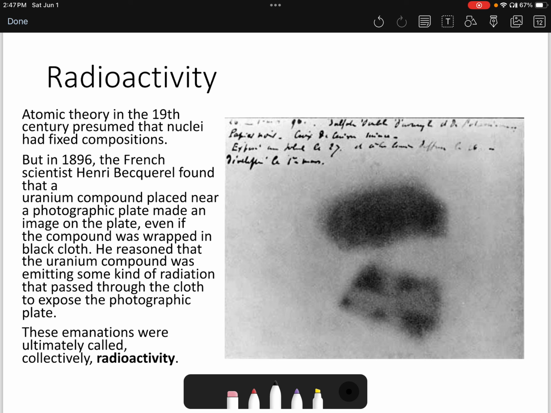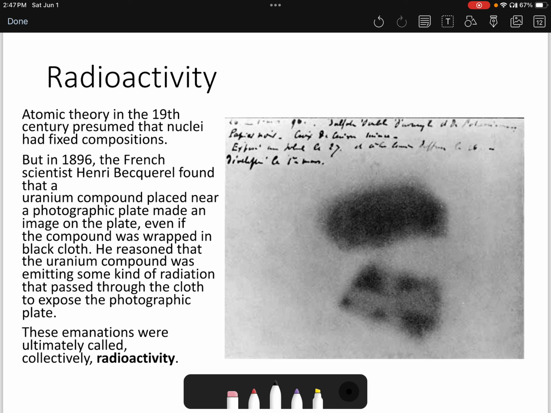But in 1896, a French scientist named Henri Becquerel found that if uranium was placed near a photographic plate, it actually produced an image on the photographic plate. This was beyond what they expected. For example, let's say you just put a normal pencil on a photographic plate.